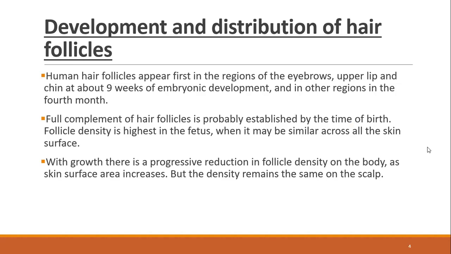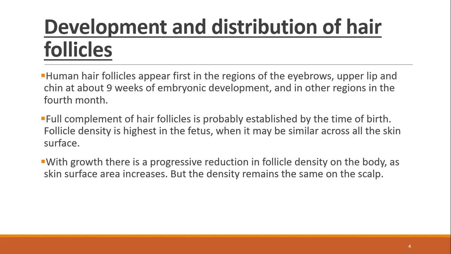Development and distribution of hair follicles. So this is a little bit of embryology. Human hair follicles appear first in the region of the eyebrows, upper lip, and chin at about 9 weeks of embryonic development, and in other regions of the body by the 4th month.